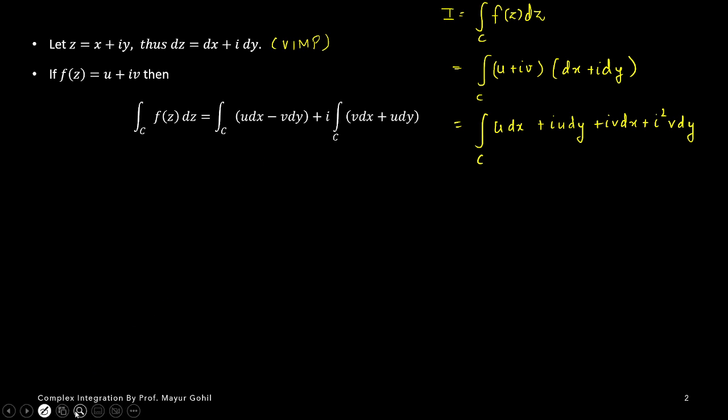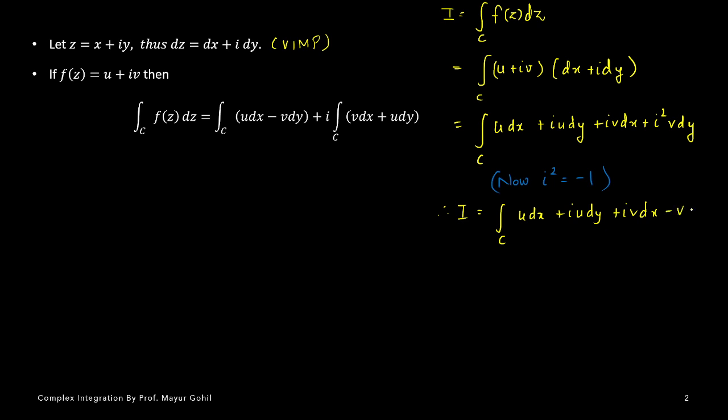Now we know that i square is minus 1. We all know this, right? So we have over here, therefore, I is equal to integral u dx plus iu dy plus iv dx minus v dy. Now what we do is we collect the real part, the terms which are other than i, and we collect the terms with i.